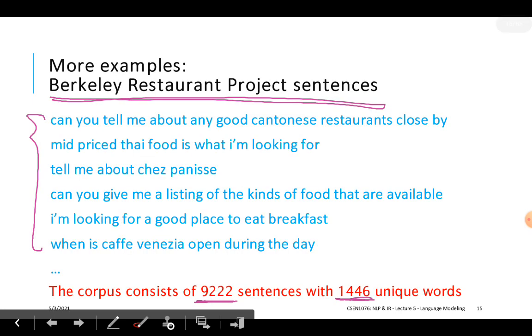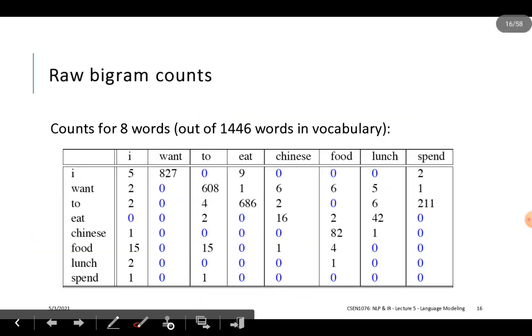What I want to refer to is this. These are example counts, bigram counts. So we are basically thinking about a bigram language model. This is an example of a count based on 8 words.